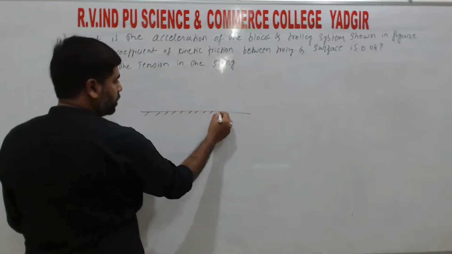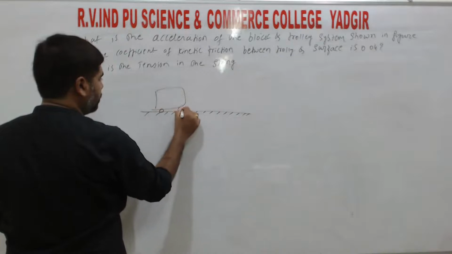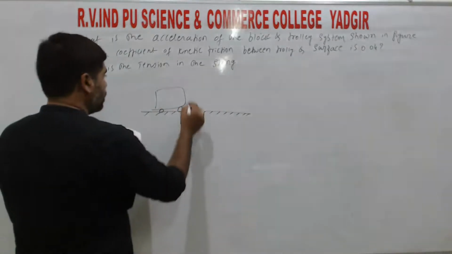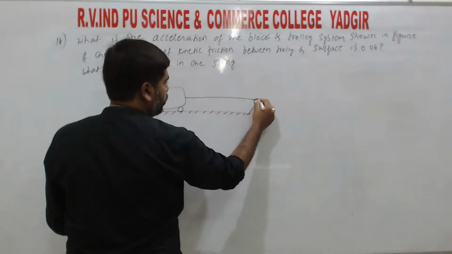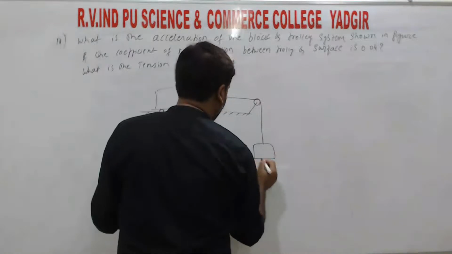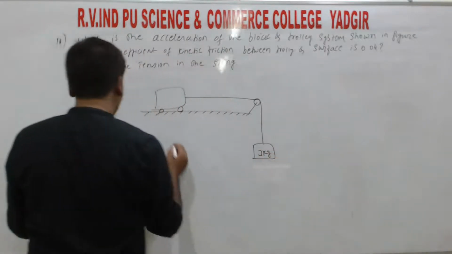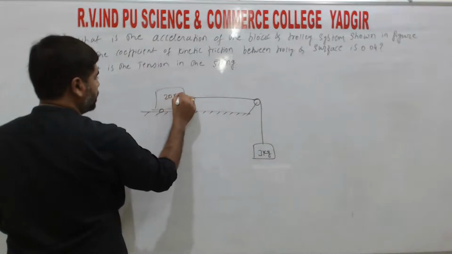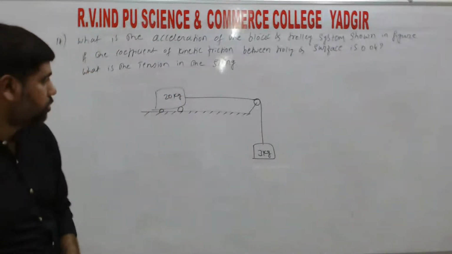So this is the rough surface. On this surface, one trolley is there, right? It is connected to the pulley and to the mass here, that is 3 kg, and it is 20 kg, and they have given the kinetic friction.